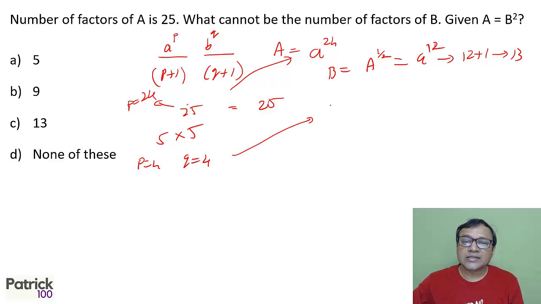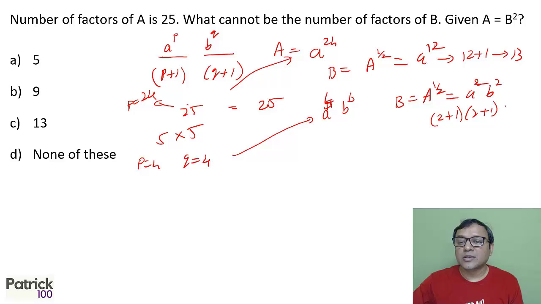In the second case, A raised to 4 and B raised to 4. As we know, B is A raised to half, so it is A square into B square. So the number of factors will be 2 plus 1 into 2 plus 1, 9. So 13 is possible, 9 is possible. So what is not possible? 5, A option.